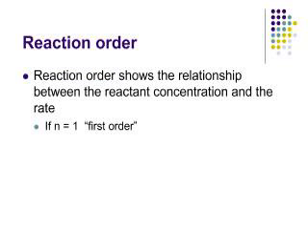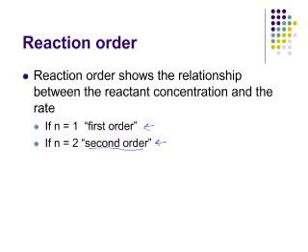If your exponents come out to be 1, we say it's first order. This could be n or m here, by the way. I'm just being general. If your exponent comes out to be 2, we say that it is second order. Now, the order of the reaction theoretically can be almost anything. Practically speaking, the orders of reactions are usually either first order or second order.